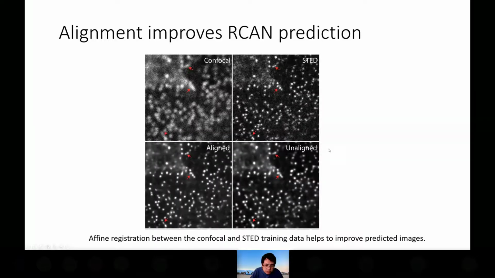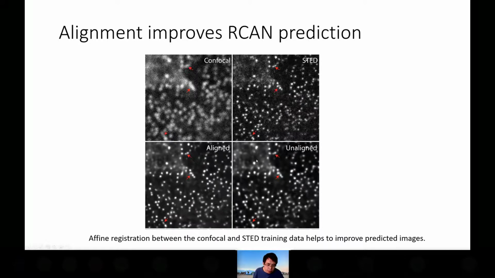Another important aspect I want to mention is that although these two different imaging modalities were acquired on the same conventional instrument, we found that the alignment between these two imaging modalities was necessary to help further improve the imaging quality.